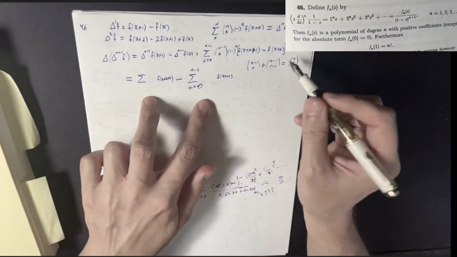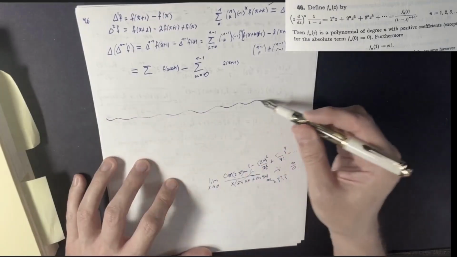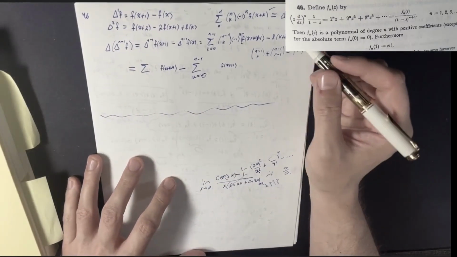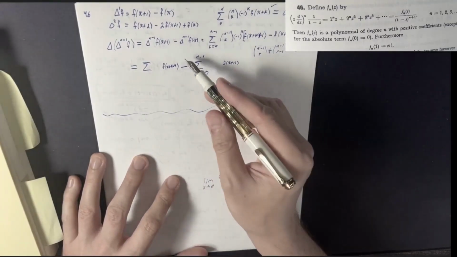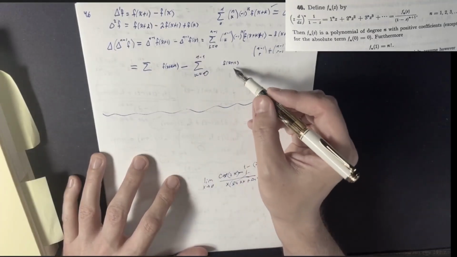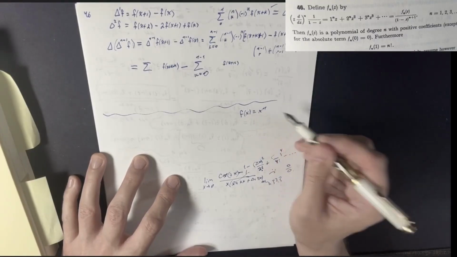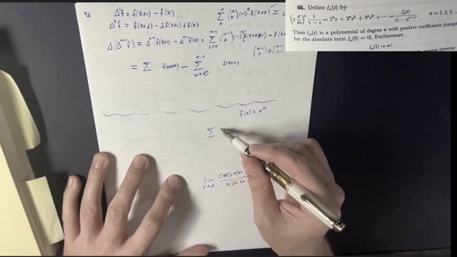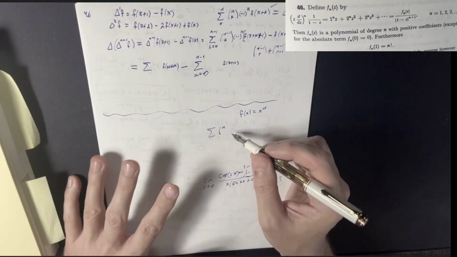So I can make this look like this. I don't know why I'm even verifying this. What I should be showing you is that when you apply this to x to the n, if you had a function as x to the n, your series here becomes, let's see, well, it was a kth difference, right?